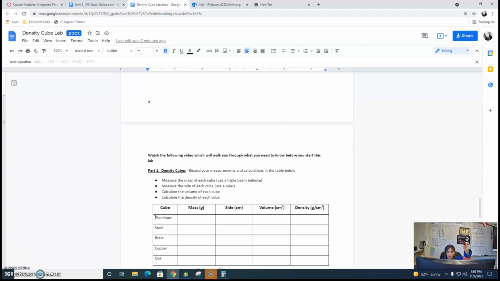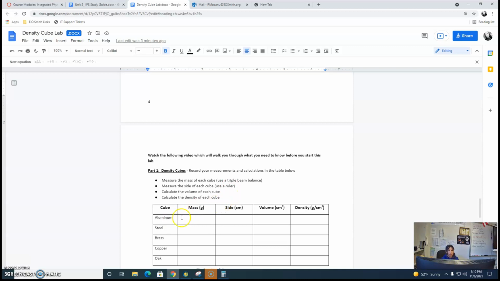Here's an example of the steel cube. You have brass, which looks like this golden color, and then you have copper, which is this brownish copper color, and there is oak as well. Okay, so these are the samples that you're going to be working with.